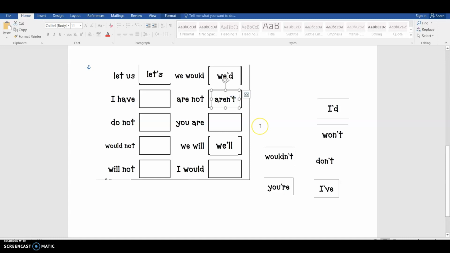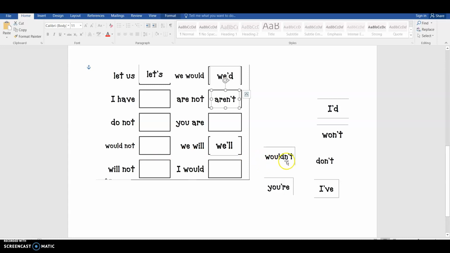Okay, we're going to do one more, guys, today. The next one we're going to do is this one, wouldn't. Wouldn't. So I know that I'm going to look for a word over here, and the first word is going to be would. Okay, because the first part of my contraction is would.